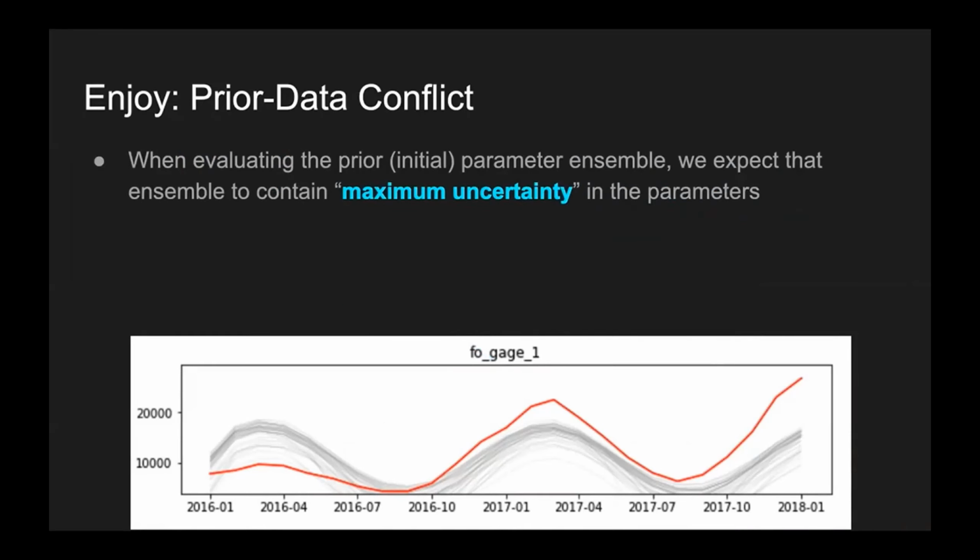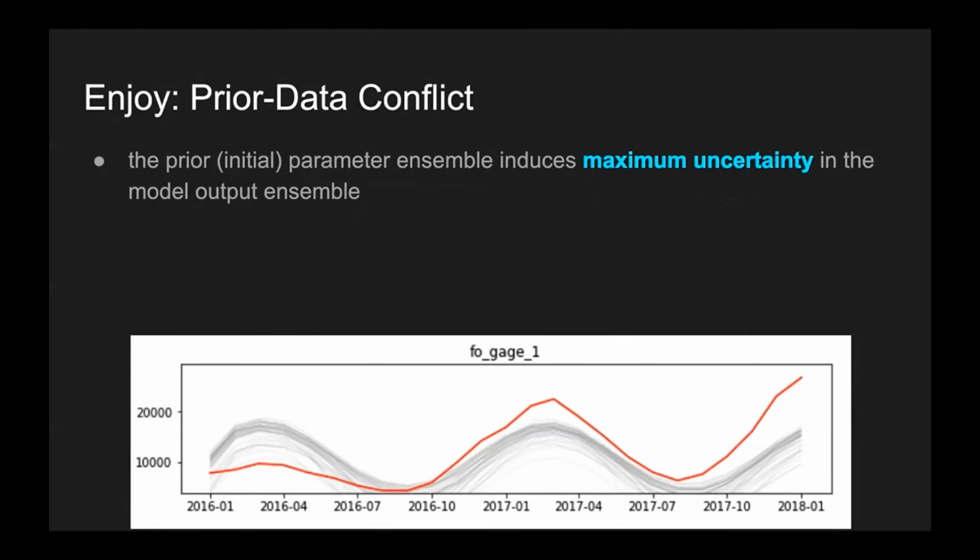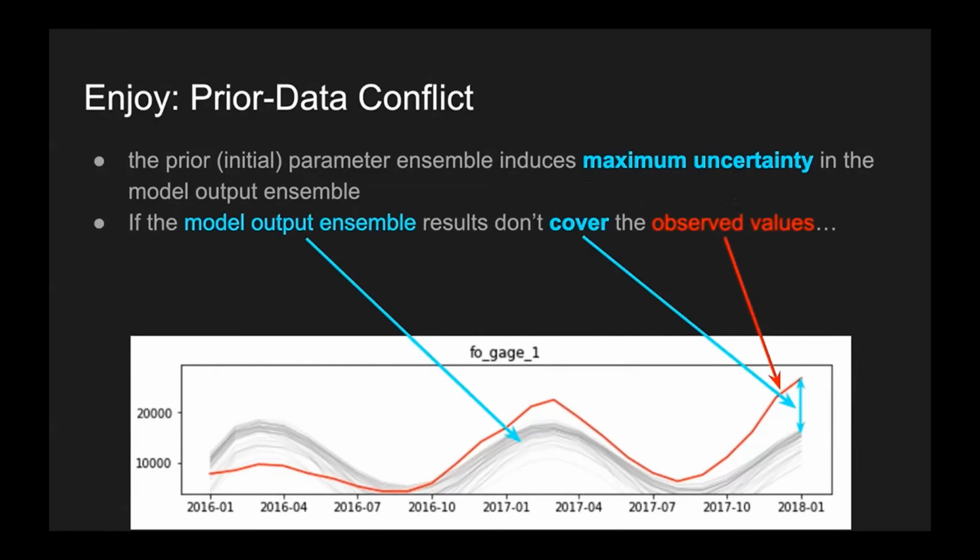Because we've used as many parameters as we can and set conservatively wide bounds, this prior Monte Carlo output represents the maximum range of output possible at this location, using all the parameters we can justify and physically plausible but conservatively wide bounds. And the fact that the model ensemble in gray doesn't cover the red values, as shown here, the gap on the very far right, that's a big problem, right?